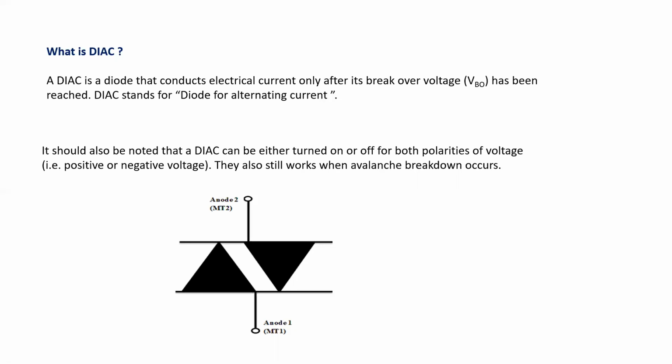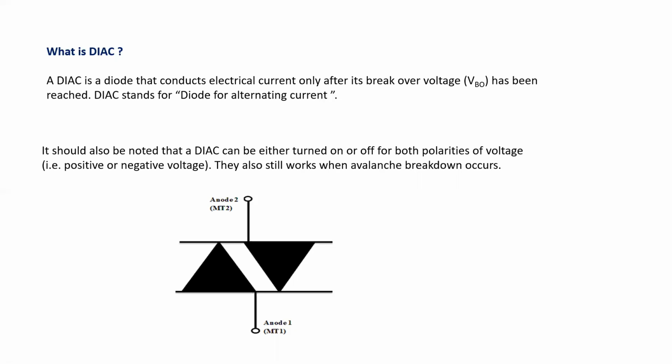So one terminal we may say as anode 1 and the other as anode 2, or in some cases the terminals of DIAC are termed as MT1 and MT2. Now it should be noted that the DIAC can be turned on and turned off by both polarities of the voltage, that is, positive or negative voltage.